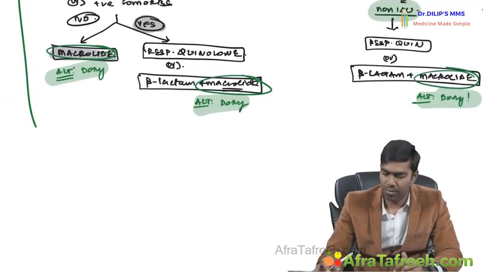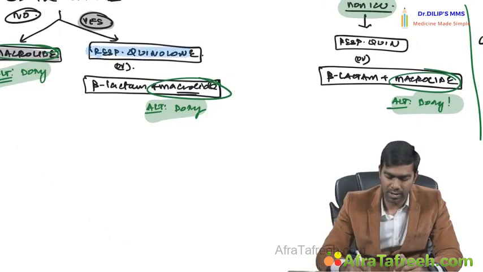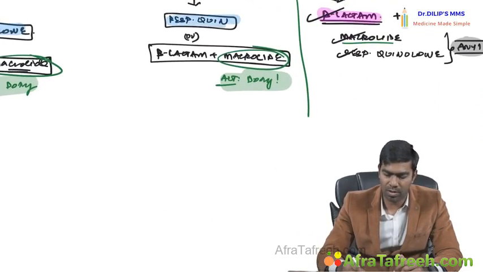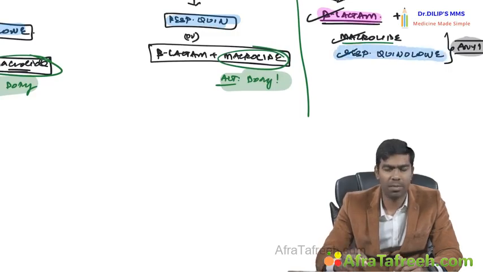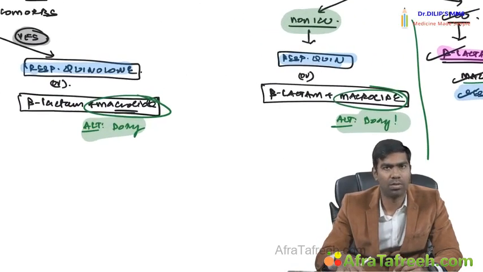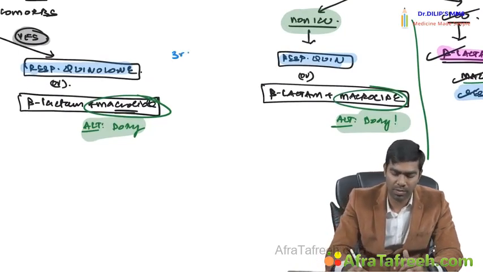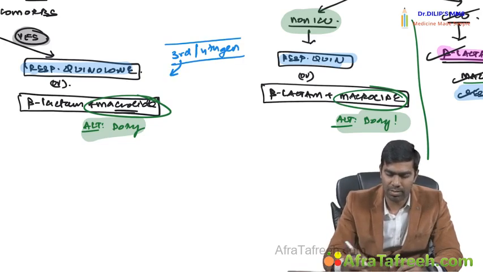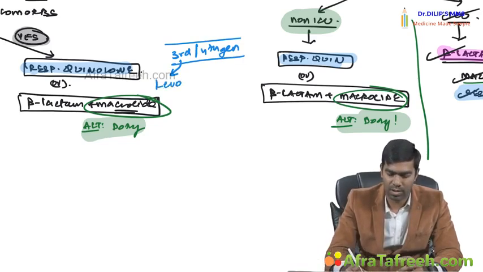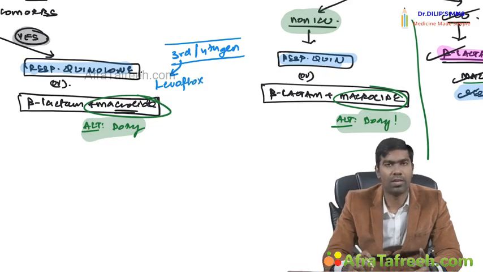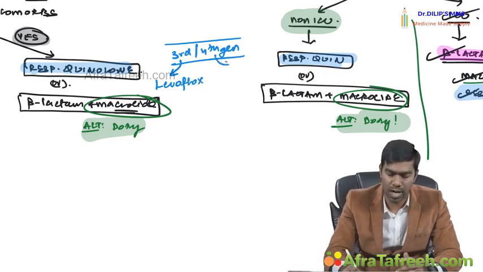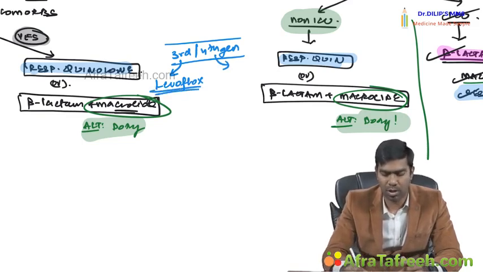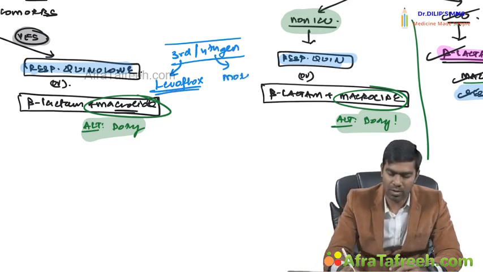Okay. We are also using the term respiratory quinolone in a lot of areas. What do you mean by respiratory quinolone? It's nothing but the third and fourth generation quinolone. The classic example of a third generation quinolone is levofloxacin. Even though you have gemifloxacin also, we generally don't use that so often. And the fourth generation quinolone means you are cautiously going to use moxifloxacin.